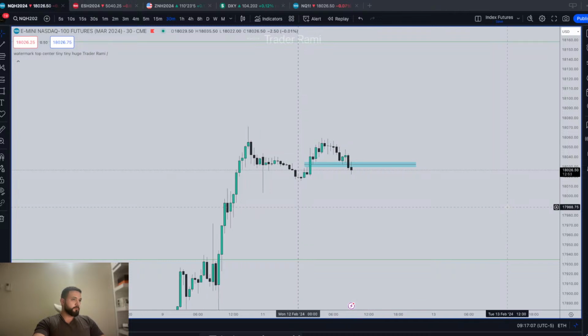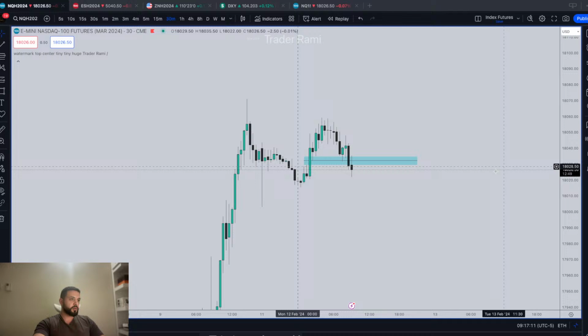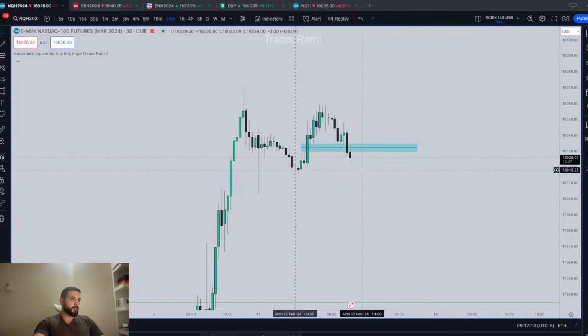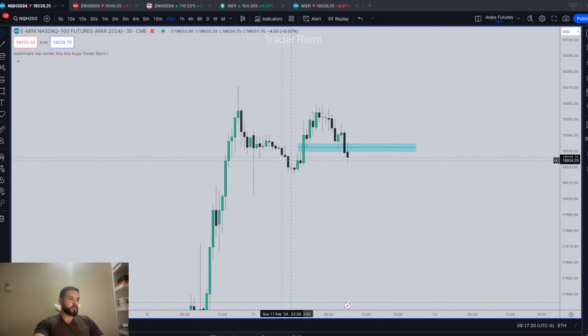Hold on, I'm just looking at this inversion fair value gap. I'd want to see that breached. So this is a 1 hour fair value gap, BISI, buy side imbalance, sell side inefficiency. This is a SIBI, which is a sell side imbalance, buy side inefficiency.